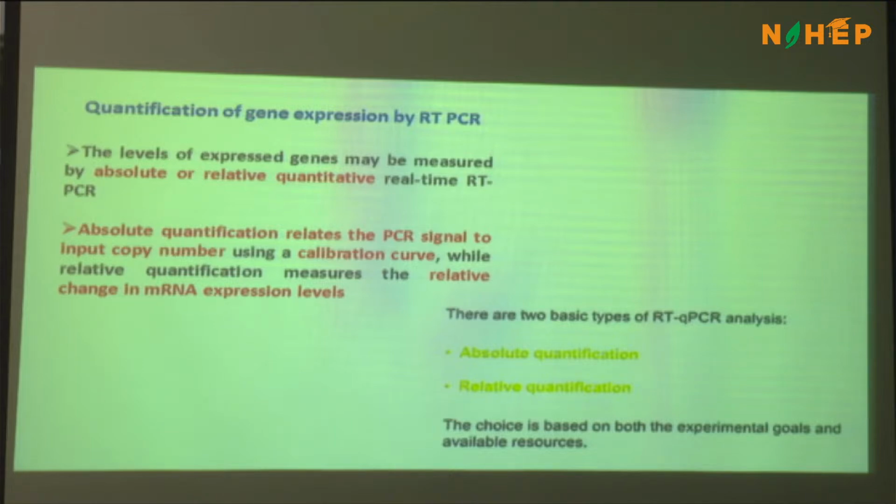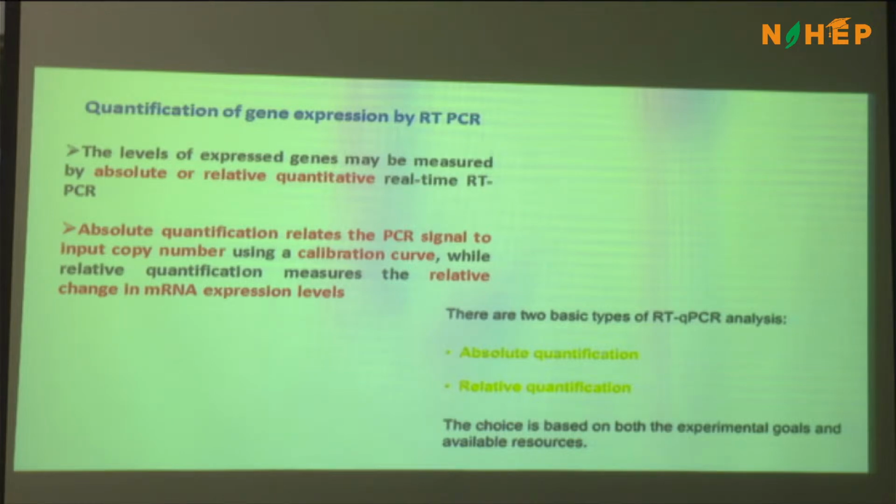And there are two terminologies or applications of qPCR. You might have heard about it. One is absolute quantitation and another one is relative quantitation. Okay. We'll have a little discussion on that. The level of an expressed gene may be measured by absolute or relative quantitative real-time PCR.